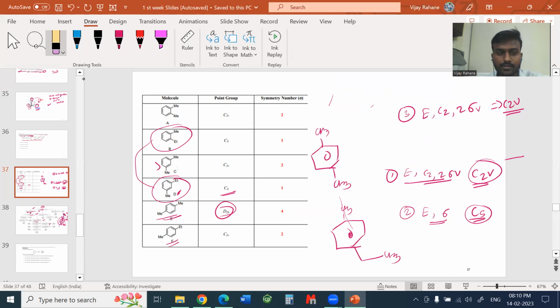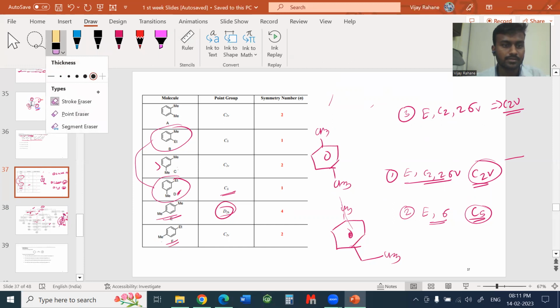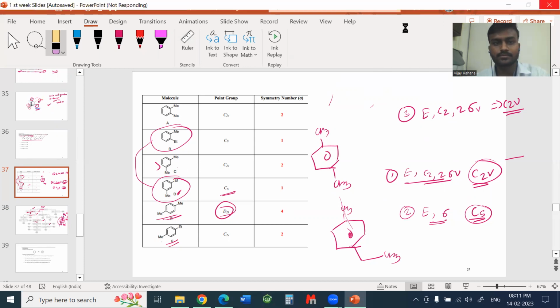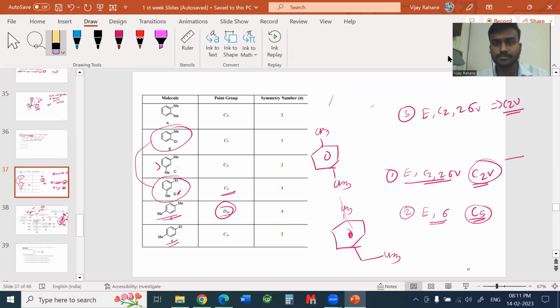Although at first instant it doesn't look like it has any kind of symmetry. Wait, I will just hold.